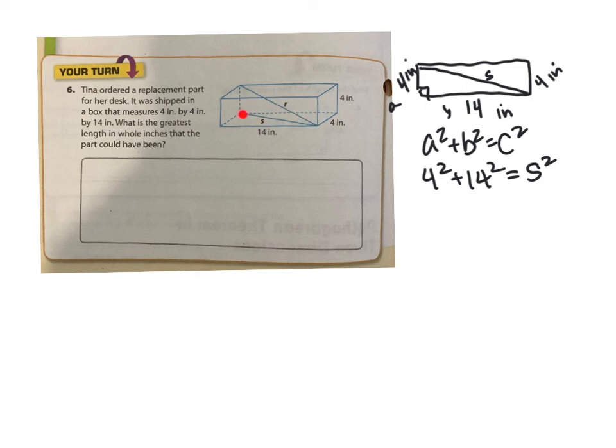We're looking for that distance right there. Okay, and 4 to the second power is 16. 14 to the second power I did on the calculator, 196, is going to equal S squared. Add those together, and you're going to get 212.